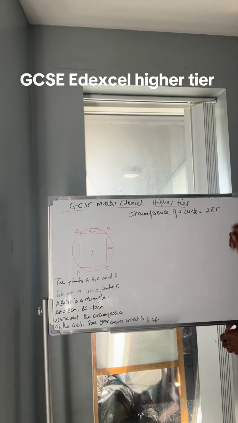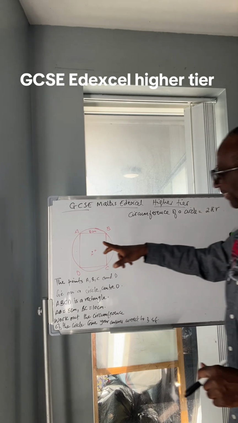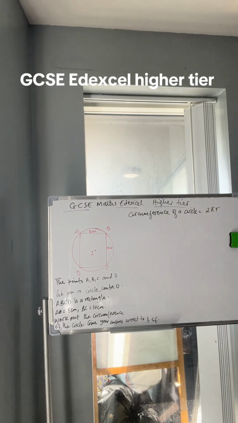You need to know the radius. Pi is a constant, 3.142 or 22/7. But what about the radius? So it's the radius we need to calculate.